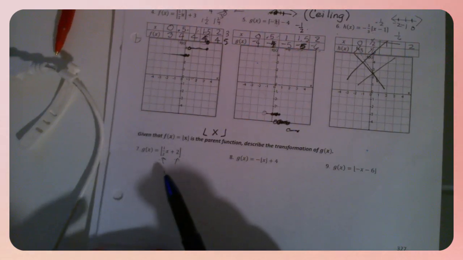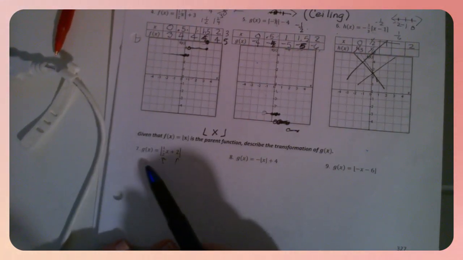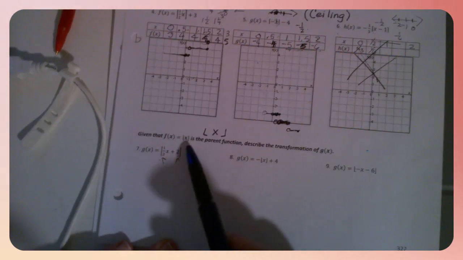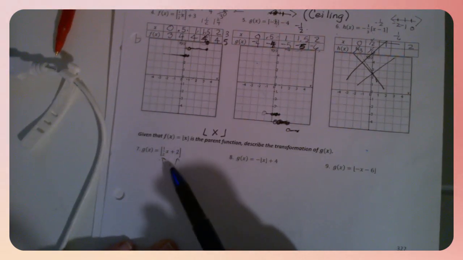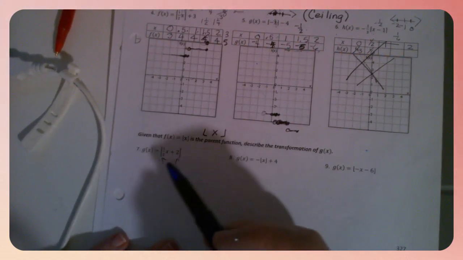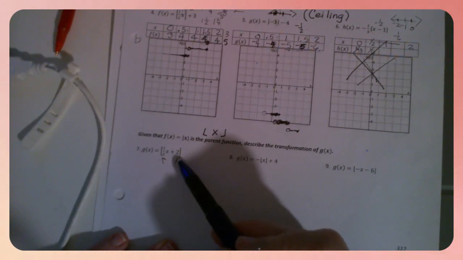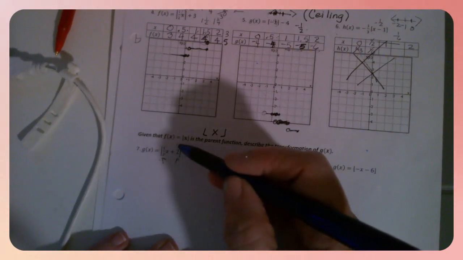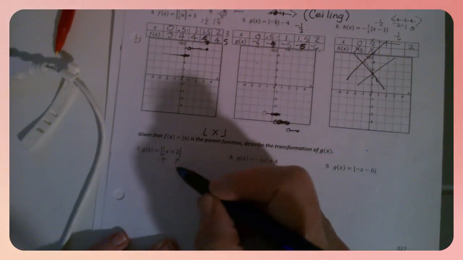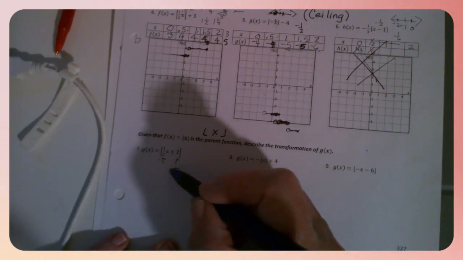All right, so for number 7, you can graph the parent function and then graph g of x and see what happens. But when we have something inside, this is going to be the opposite. This +2 is going to be a shift, but it's the opposite of shift to the right. It's shift to the left.